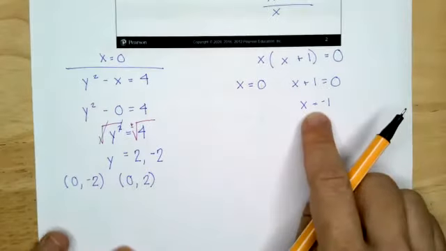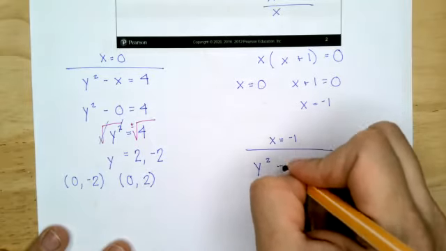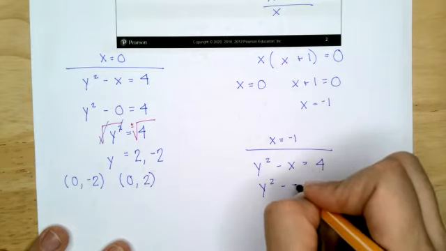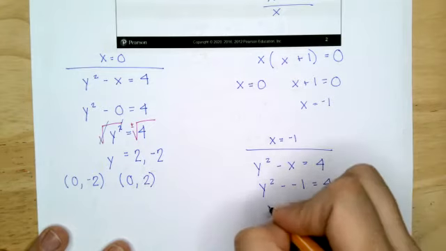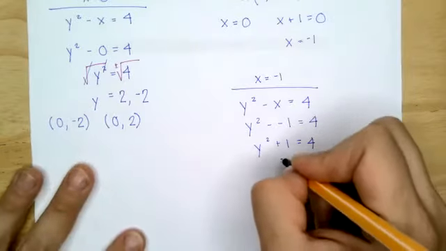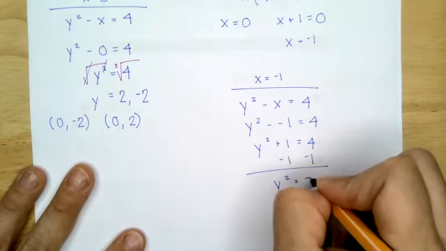Now when x is -1, good. When x is -1, we're going to take that same one. Y squared minus x equals 4. Y squared minus -1 equals 4. Y squared plus 1 is 4. Subtract 1. Y squared equals 3.